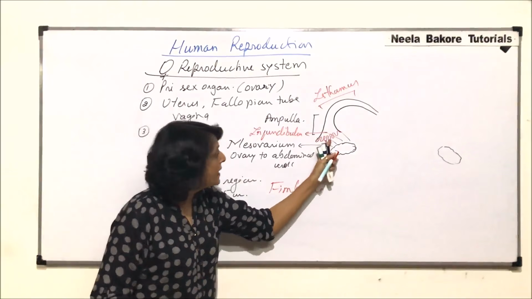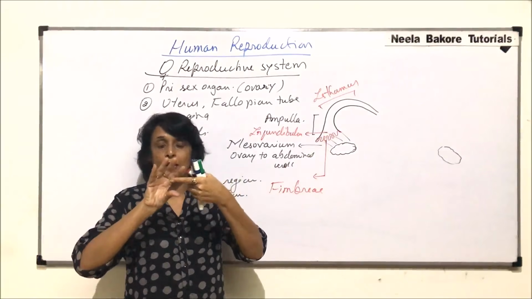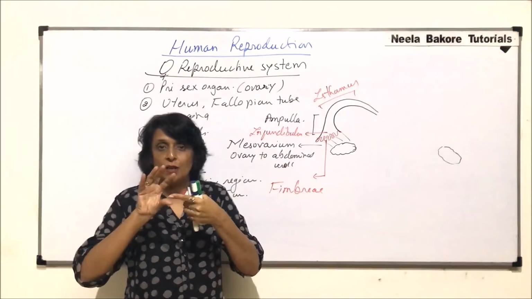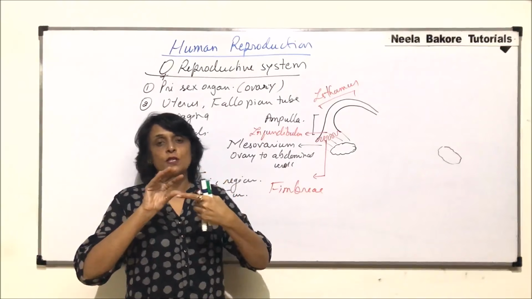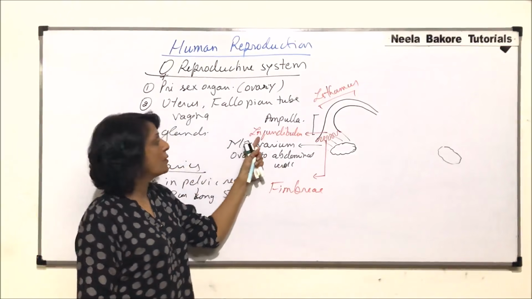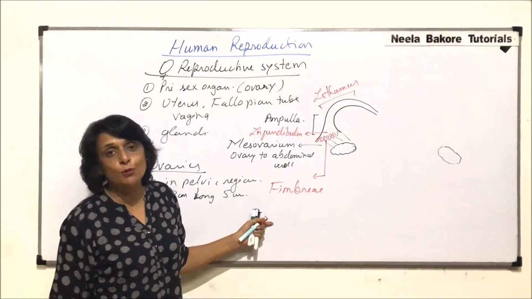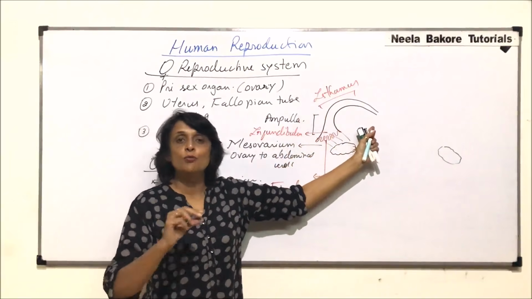The funnel-like structure has an opening, and the opening is known as the ostium. These finger-like structures are called the fimbriae. And this funnel-like structure is known as the infundibulum. This entire part is the ampulla region. And then comes the tubular part.